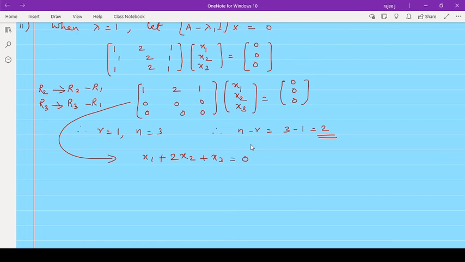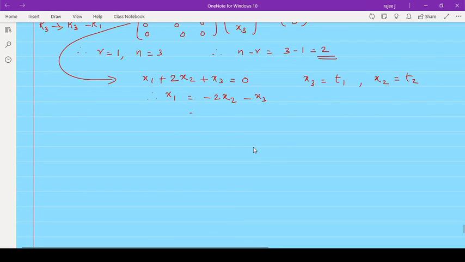So only one equation you are getting. Here I am going to give, say, x3 equal to t1 and x2 equal to t2. So you can give any two values. Therefore x1 is equal to minus 2x2 minus x3, that is minus 2 t2 minus t1.